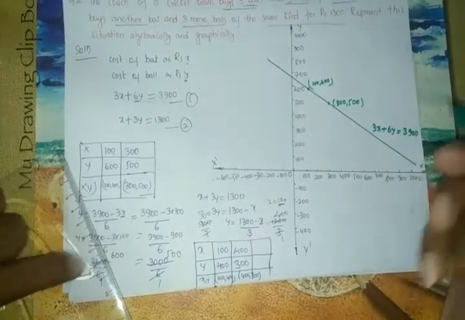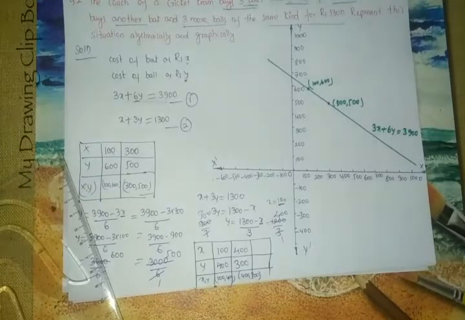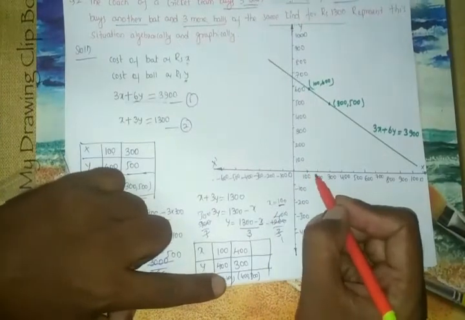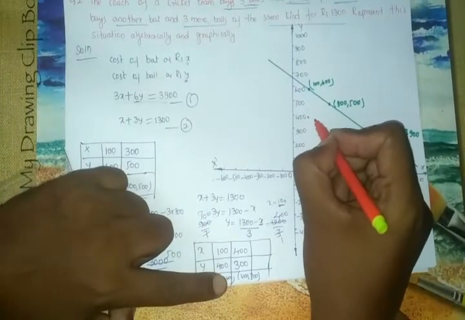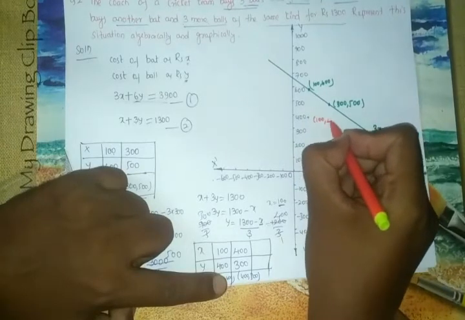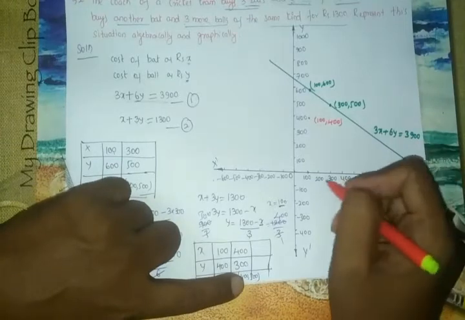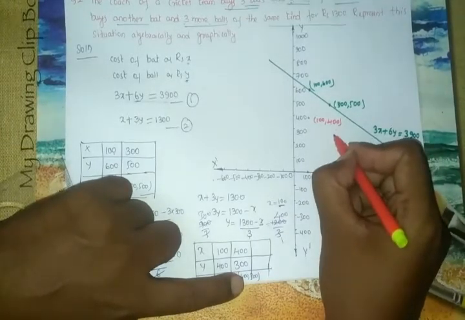Representing the second equation, for that I have 2 points as 100 comma 400 and 400 comma 300. When x is 100, y is 400, so the first point is this one. When x is 400, y is 300, so y is somewhere here.